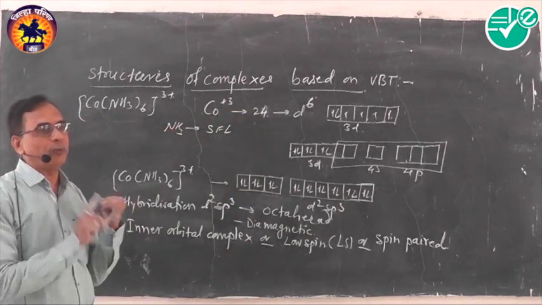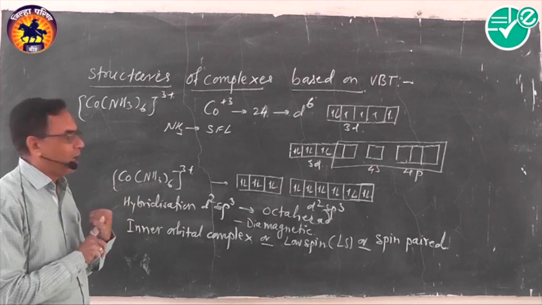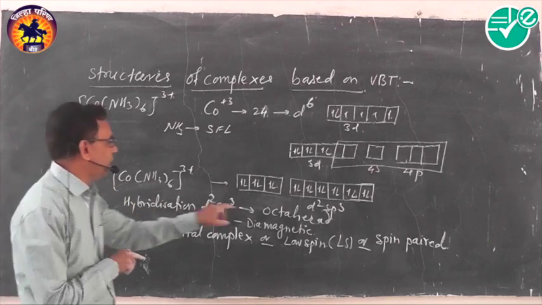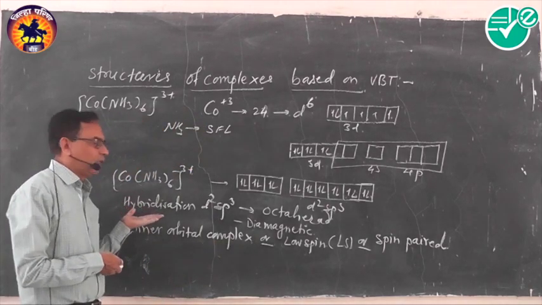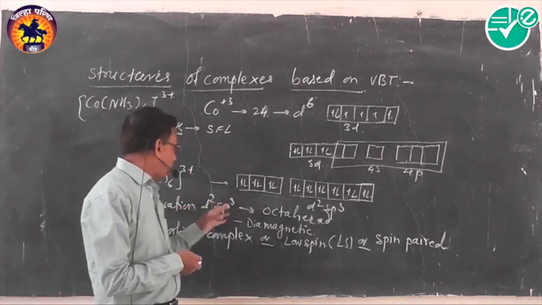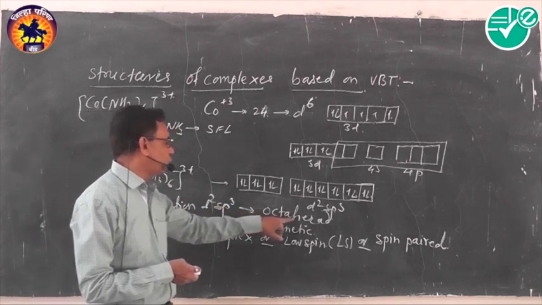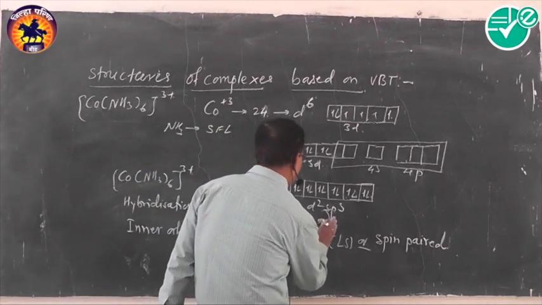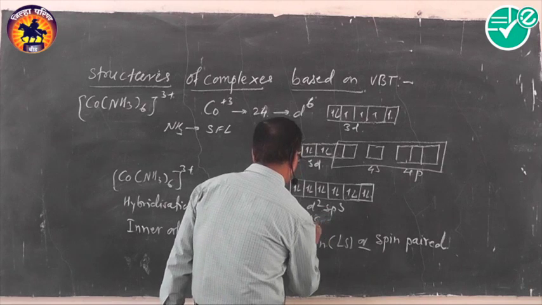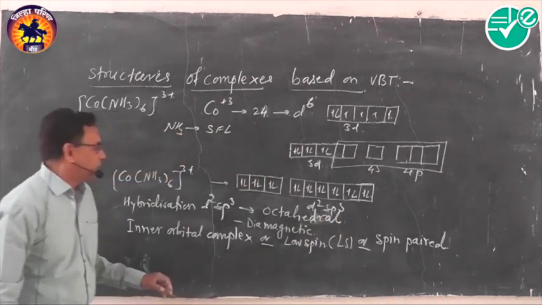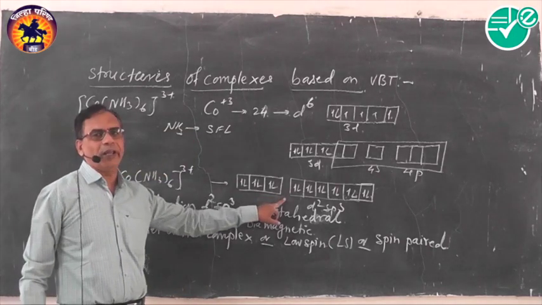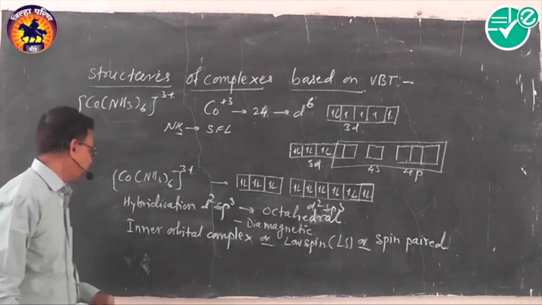So the main important features of this structure are: the hybridization of the central metal ion is d2sp3. Since the hybridization is d2sp3, it has octahedral geometry. It does not contain any unpaired electrons, hence it is diamagnetic.